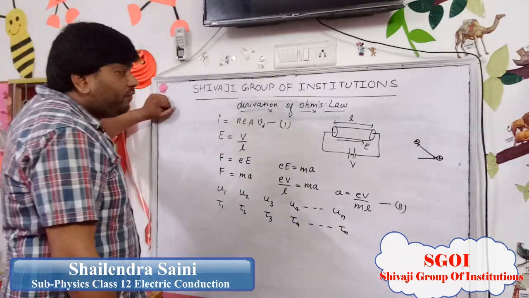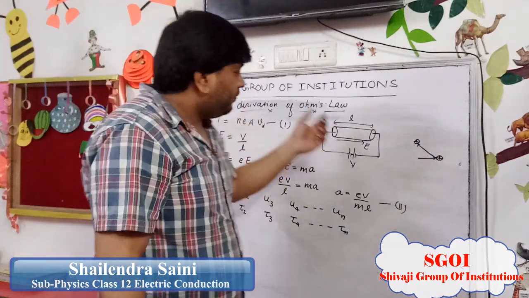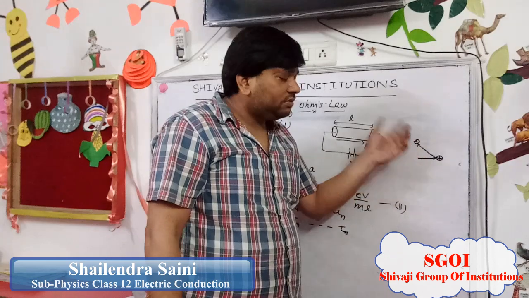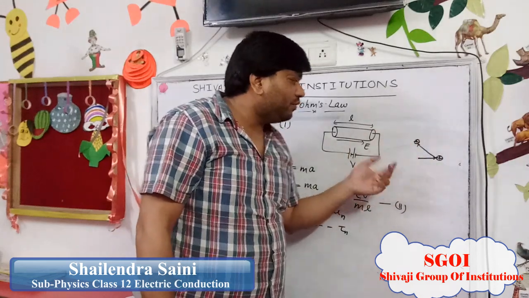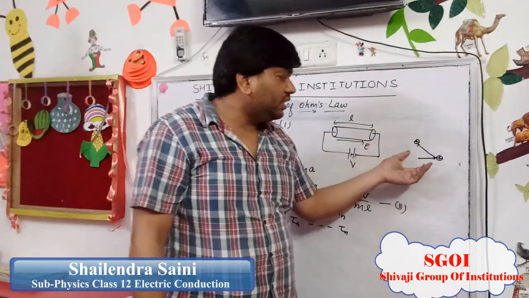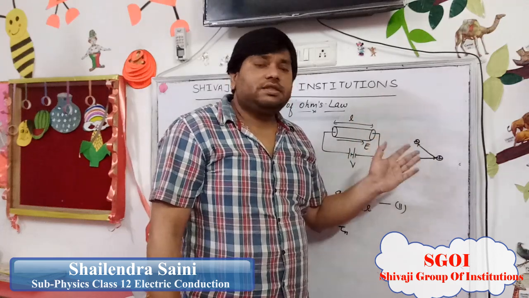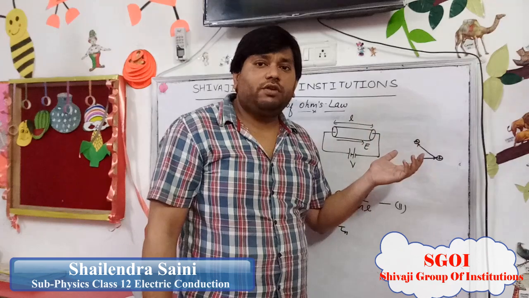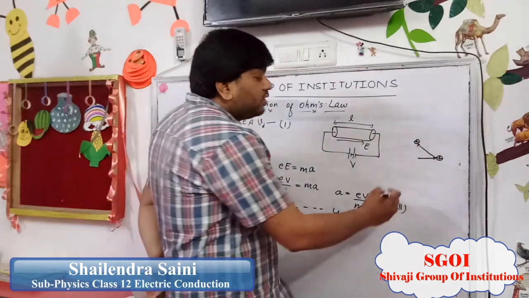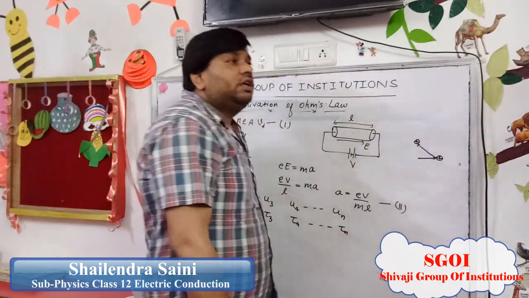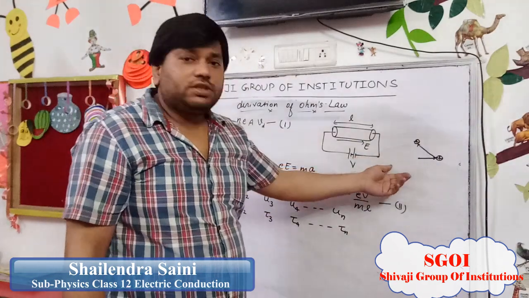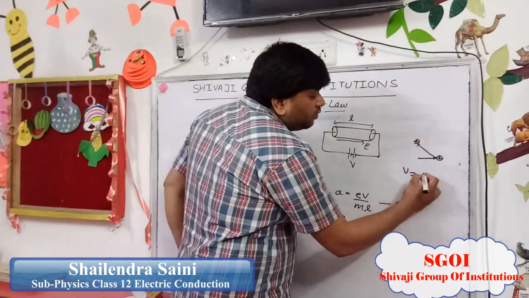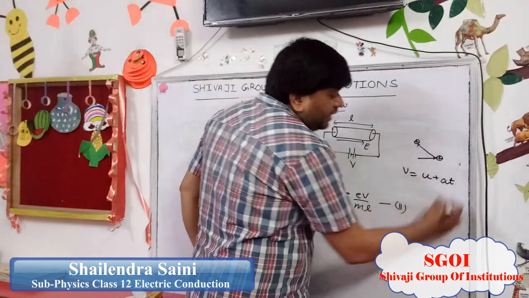Now when we apply the electric field, there would be a force on the electron, and if there is a force there would be an acceleration, and if there is an acceleration there is a change in velocity, and the electron gets its new velocity. We will find that velocity by using Newton's equation of motion for uniformly accelerated motion: v equal to u plus at.